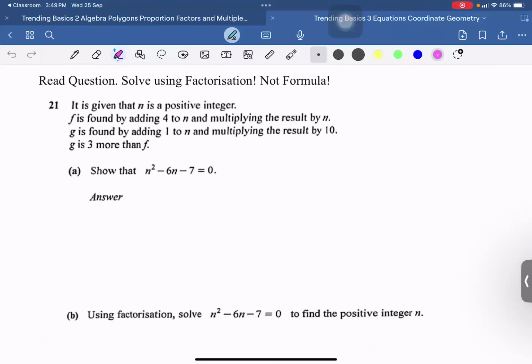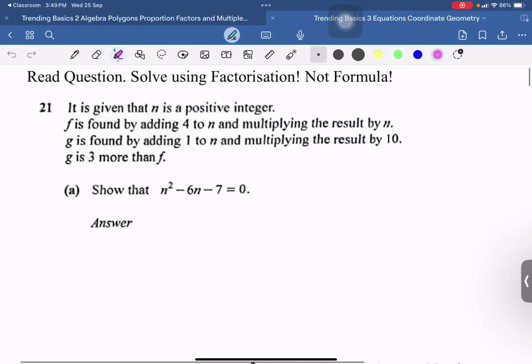Given that n is a positive integer, F is found by adding 4 to n. Anyone can tell me what is adding 4 to n? This is so simple. Adding 4 to n is 4 plus n. Correct. And multiplying the result by n means I need to multiply this whole thing by n.